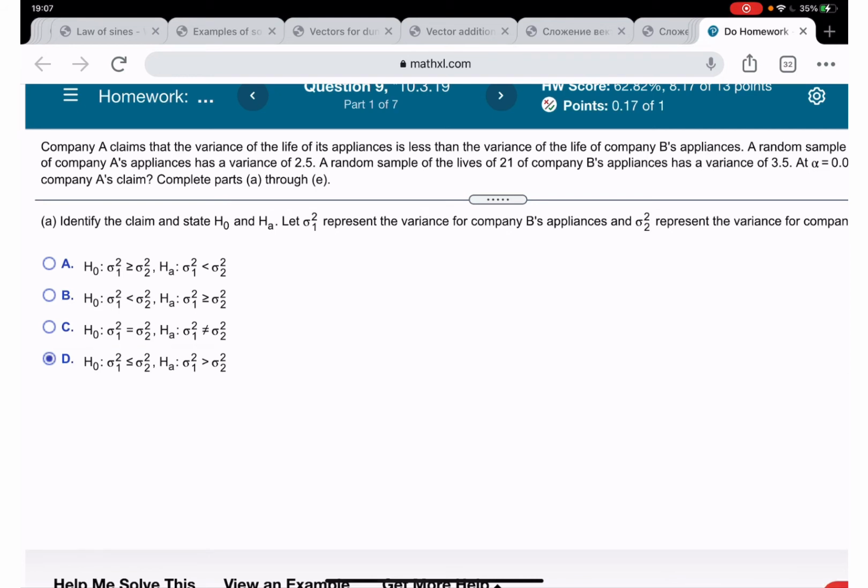We always divide the bigger number by the smaller number, and that's why we chose the variance of 3.5 to be sigma 1 squared, and the smaller variance to be sigma 2 squared.